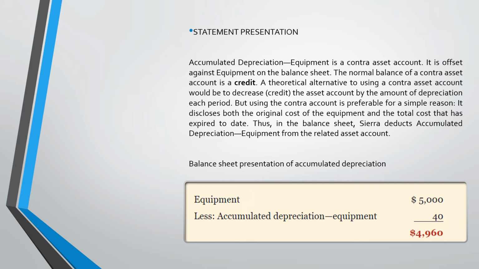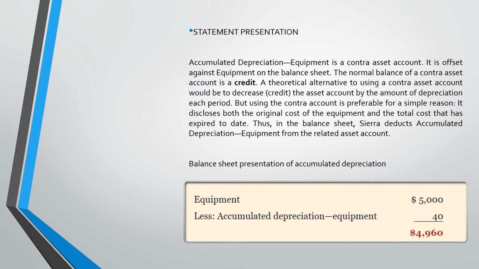The theoretical alternative to using a contra asset account would be to credit the asset account by the amount of the depreciation in each period. But using the contra account is preferable for a simple reason: it discloses both the original cost of the equipment and the total cost that has expired to date.